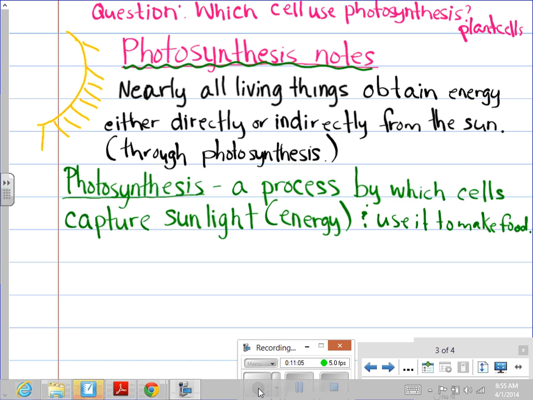Because if we read this, it's just saying cells. So you can interpret that to be what? Any cell, but what do we know? Only plant cells. You definitely need to add plant cells. If you have it above it, next to it, whatever, but make sure you know that it's plant cells. So photosynthesis is a process by which plant cells capture the sunlight. It uses the energy so that it can make food.